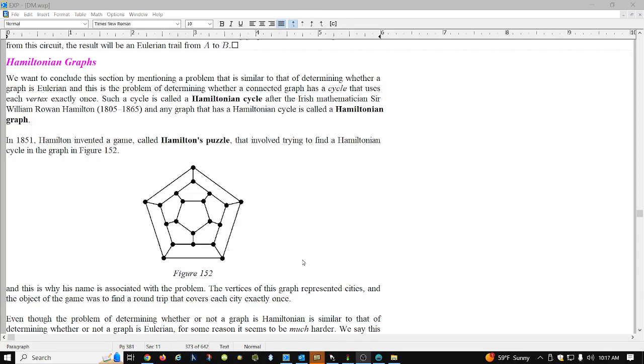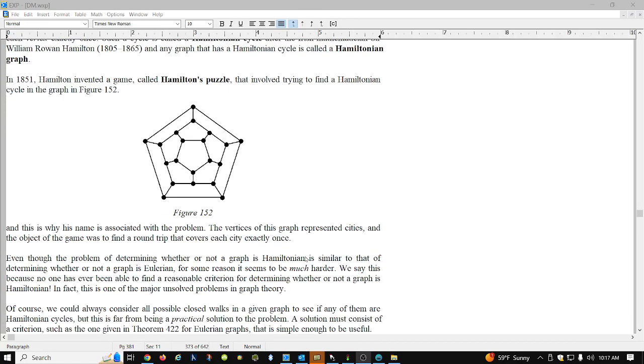Now, although the problem of whether or not a graph has a Hamiltonian cycle is similar to that of determining whether a graph has an Eulerian circuit, this problem is much harder. And I say that because no one has ever been able to find a reasonable criterion for determining whether or not a graph is Hamiltonian.